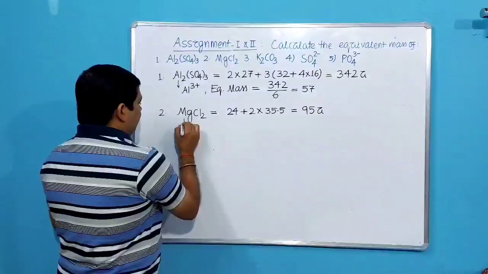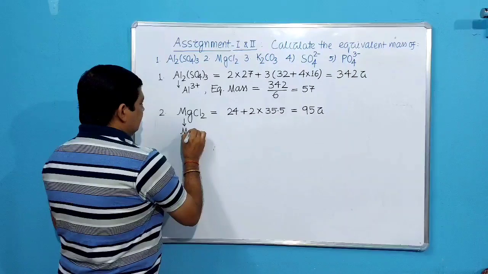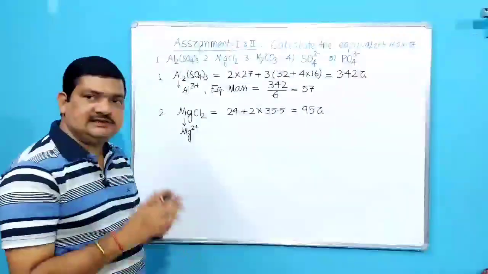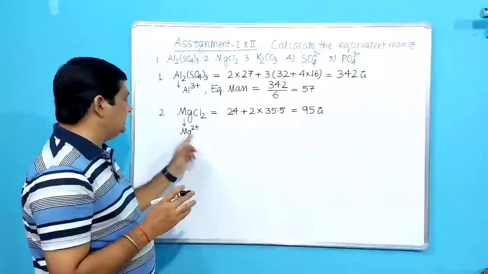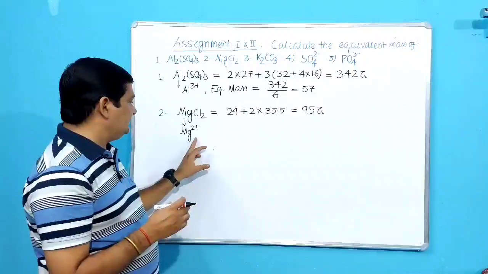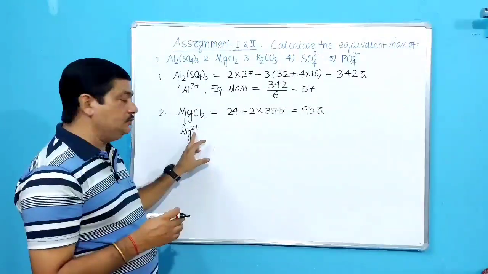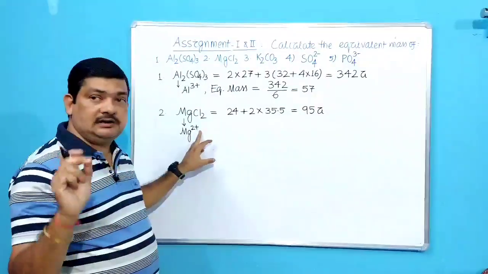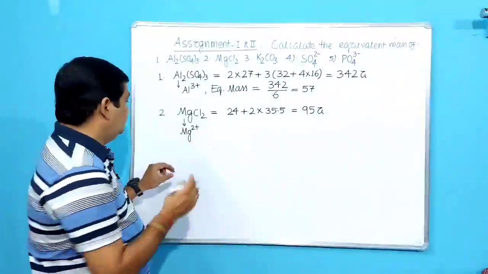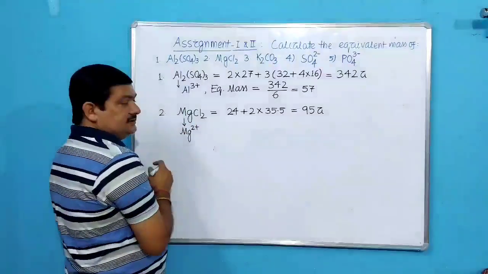What is the metallic part here? Magnesium is written as Mg2+. Metallic part means it has positive charge, and the valency is 2. When it is written as Mg2+, it means the magnesium cation has valency 2 and positive charge, because all metals are electropositive. So the valency is 2, and how many magnesium atoms are there?